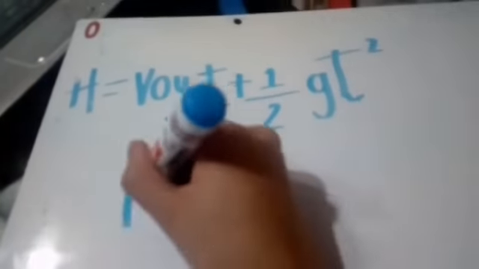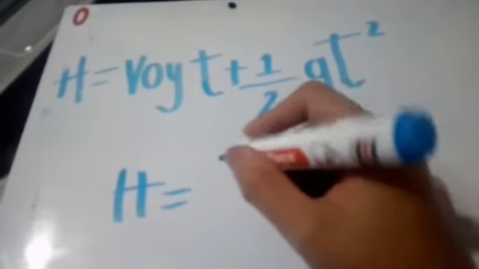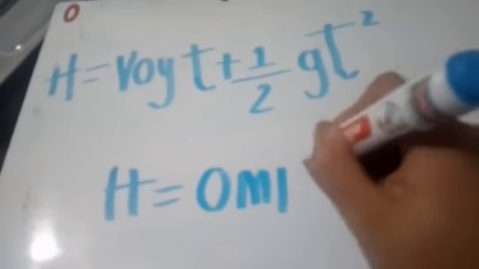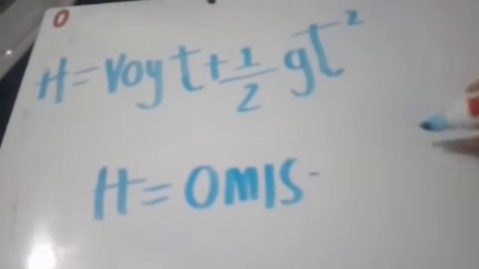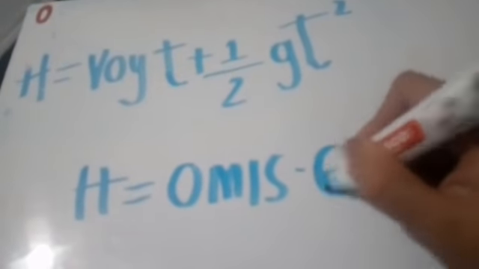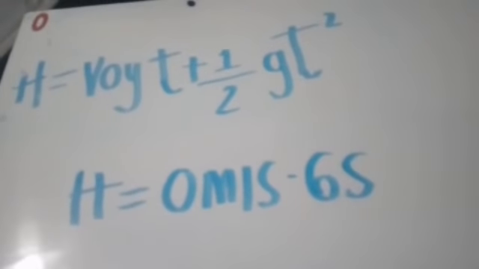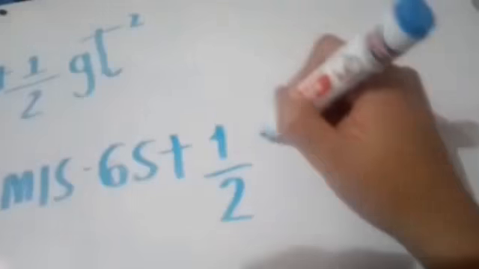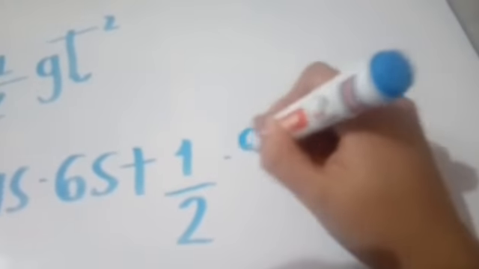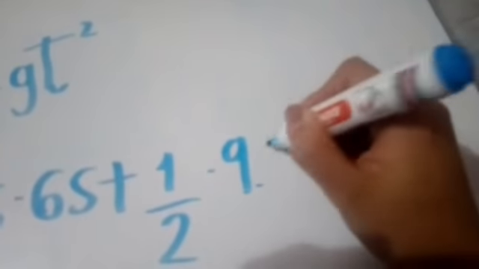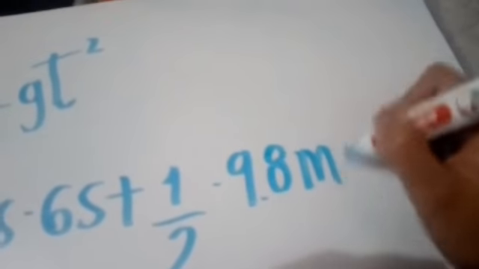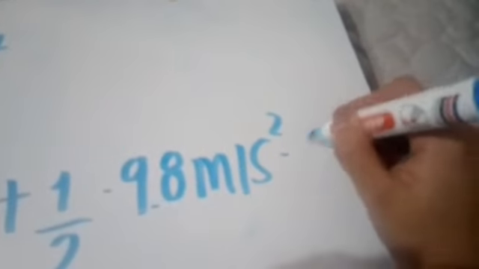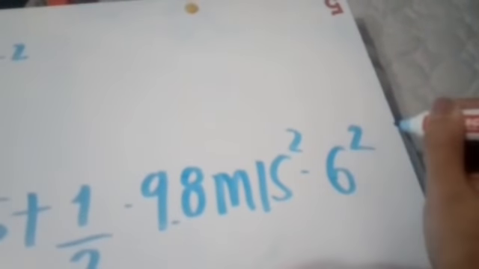So the height is equal to the initial speed, that is 0 meters per second, multiplied by the time, that is 6 seconds, plus 1 over 2 multiplied by the gravity, that is 9.8 meters per second squared, multiplied by the time squared.